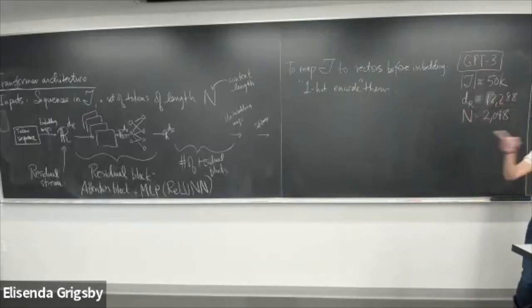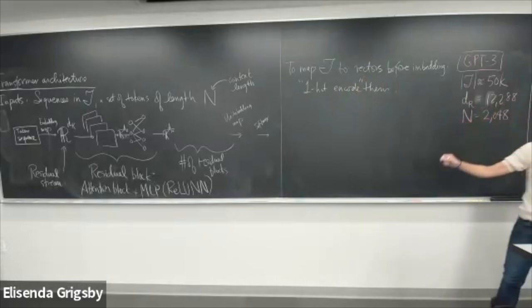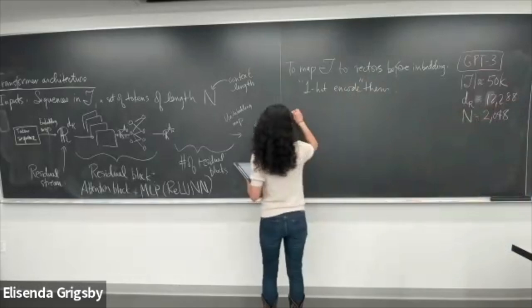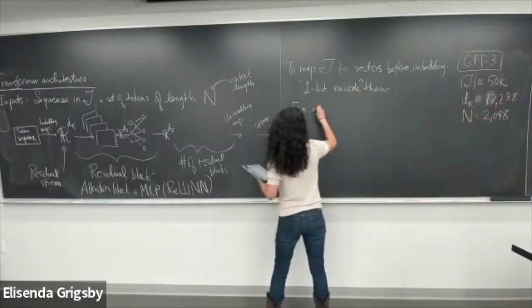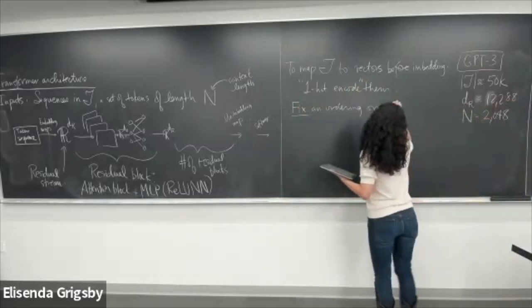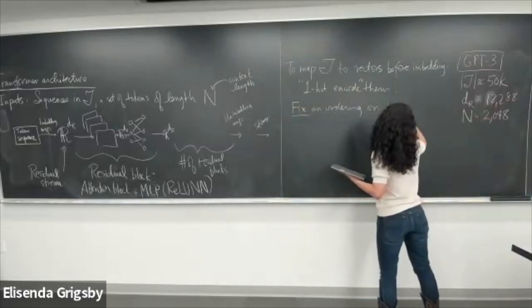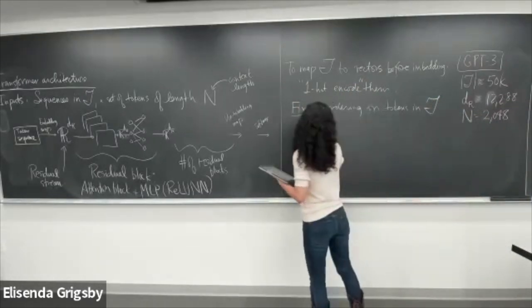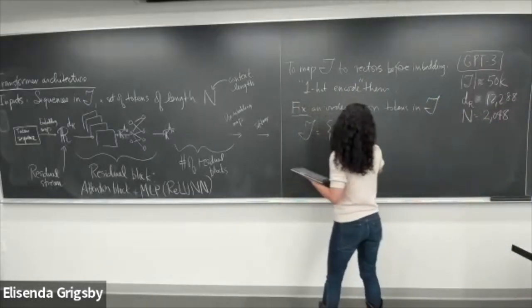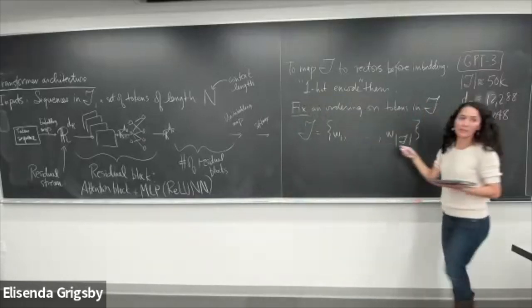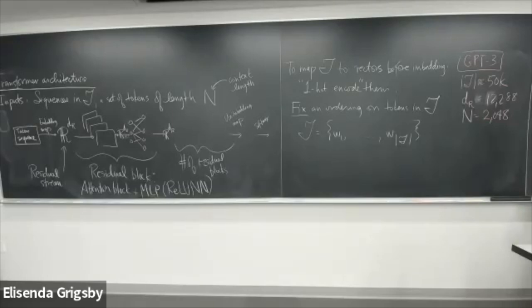Essentially, you list the collection of tokens and fix some ordering on the tokens in T. So T is a set where everything has now been ordered, and the length of it is the size of the set.